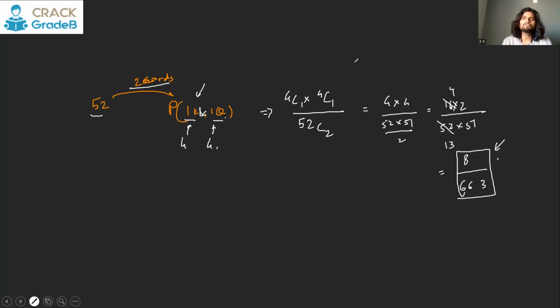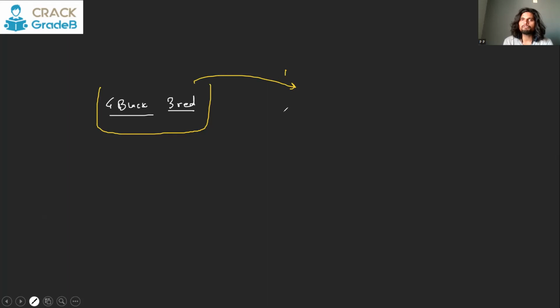Now the same type of question is asked in the case of bags and balls. Let's say in a bag, there are 4 black balls and 3 red balls. If you draw one ball out of it, what is the probability that it is a red ball? Out of a total of 4 plus 3, there are 7 balls.